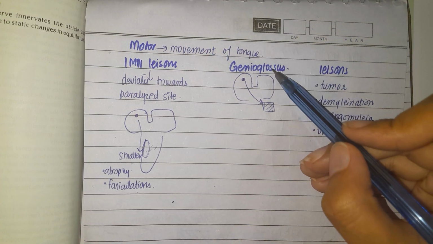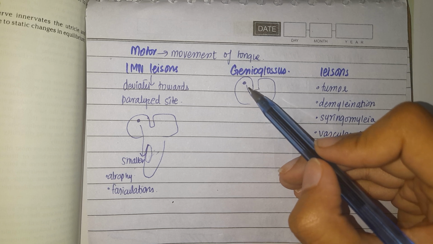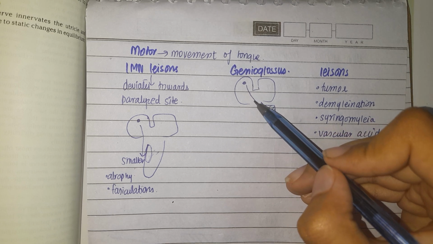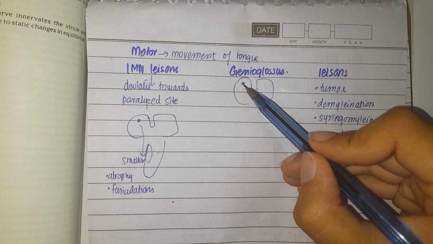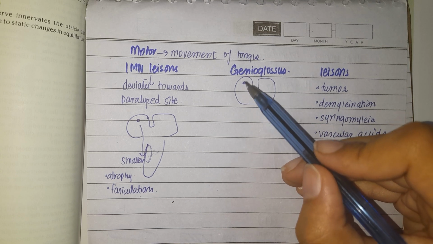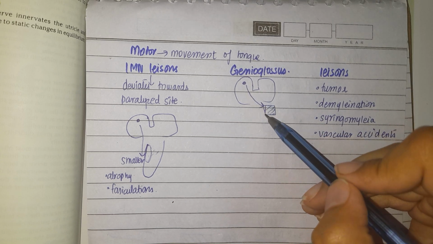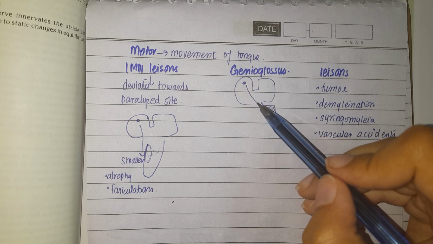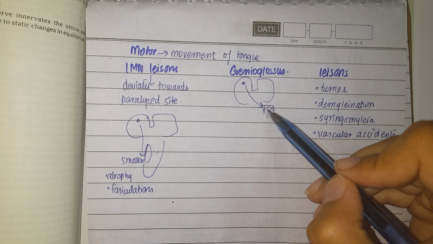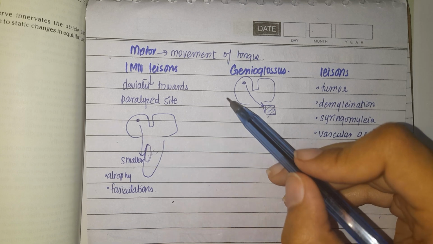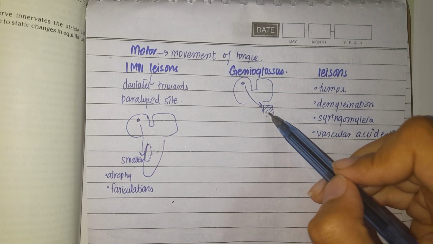But in case of the genioglossus muscle, since I told you that the corticonuclear fibers of the genioglossus muscles come from the opposite cerebral cortex, in the situation of damage to the genioglossus nerve fibers, the tongue will move towards the opposite side. The deviation will not be on the same side, rather the deviation will be on the opposite side of the tongue.